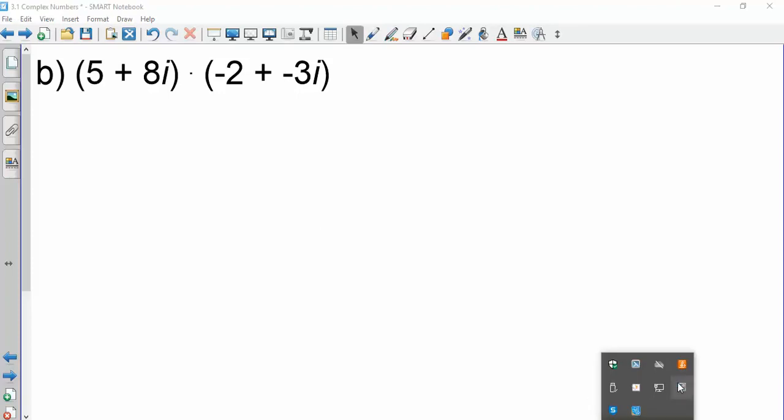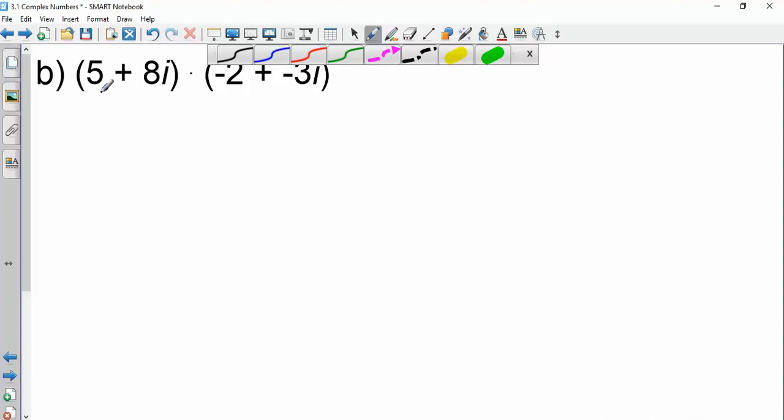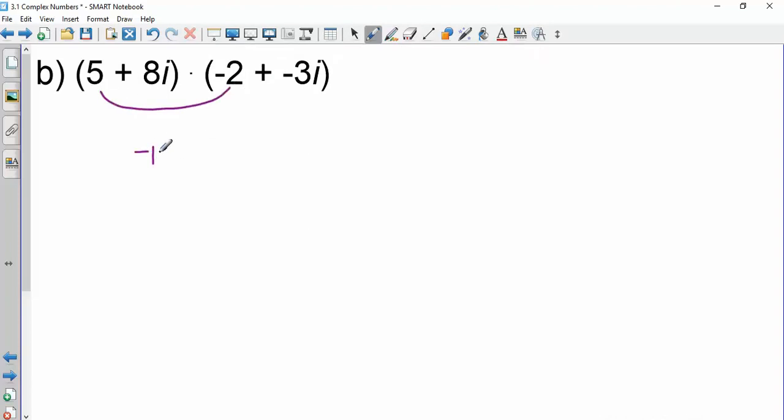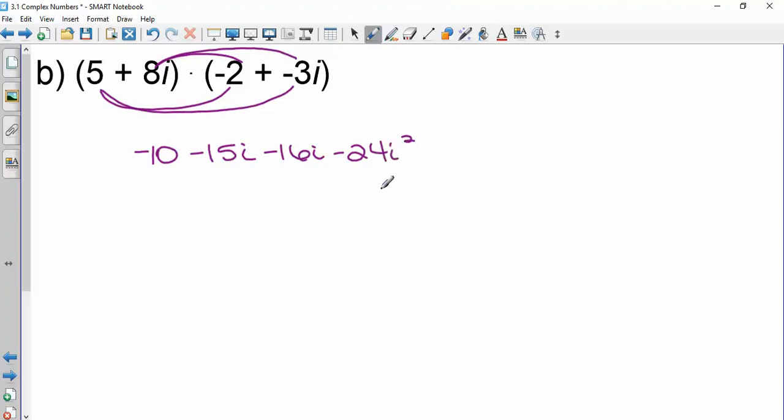You guys do this one. So we get 5 times negative 2 is negative 10 minus 15i minus 16i minus 24i squared.